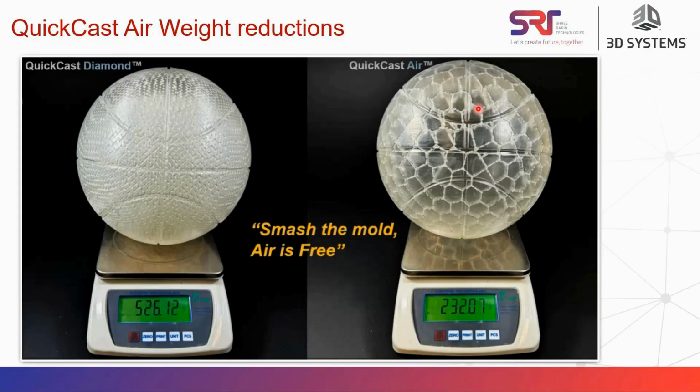The same basketball in QuickCast is around 230 grams, and 3D printing cost is generally around $90 to $100 per kg, so the same part is roughly $25. The same part by injection or traditional method is roughly $32, while in QuickCast 3D printing it is roughly $25. So you can see how the cost changes drastically.